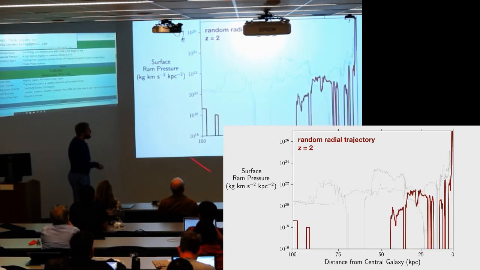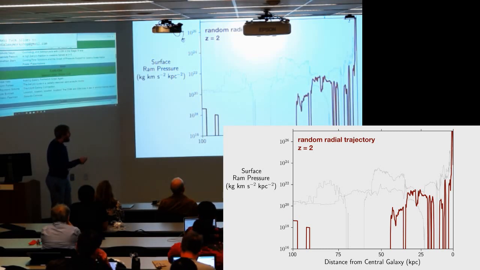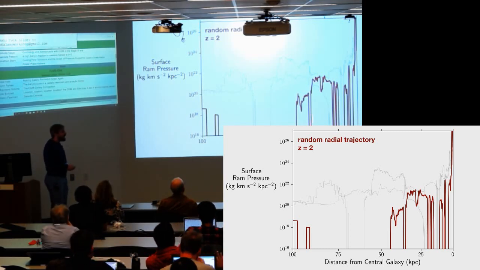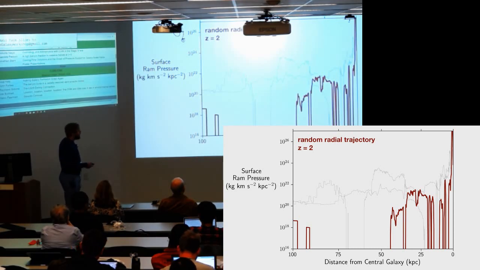And here's another random radial trajectory through that same exact halo. A satellite moving on this trajectory would not even know it's encountering a CGM until it's about 40 kpc away from the center. So what I want you to take away is that there is a tremendous amount of variation in the surface ram pressure profiles depending on your line of sight trajectory.